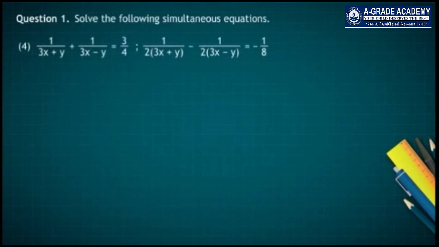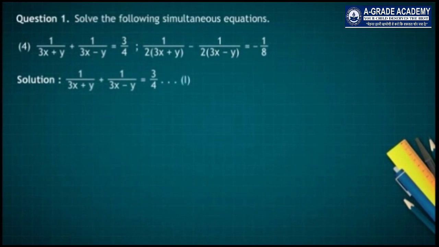4. 1/(3x+y) + 1/(3x-y) = 3/4. 1/(2(3x+y)) - 1/(2(3x-y)) = -1/8. Solution. 1/(3x+y) + 1/(3x-y) = 3/4.